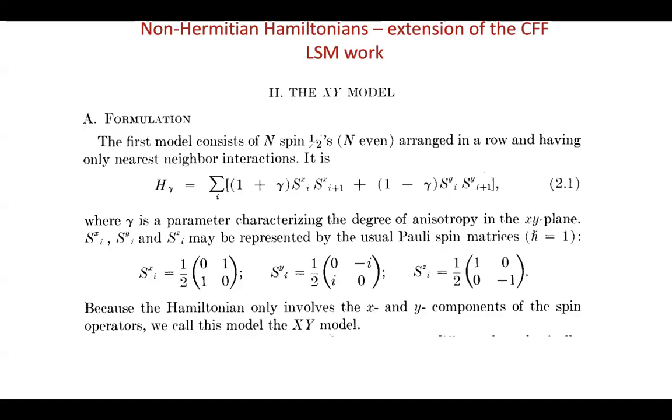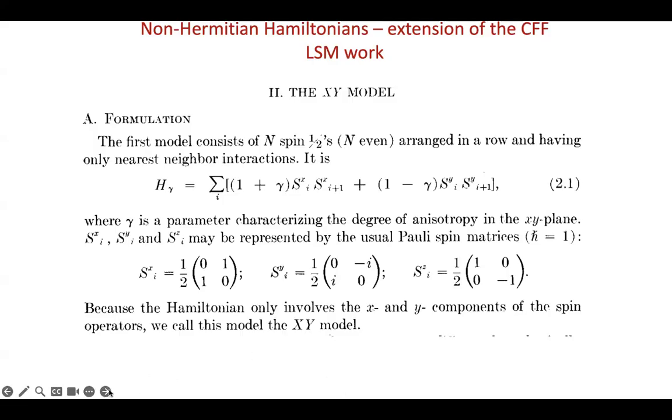So gamma equal to 1 and gamma equal to minus 1 recover the Ising model. Gamma equal to 0 recovers the XY model. So this model is built with two built-in limits that are known, and the middle part they want to solve, and anywhere else. And of course, they brought up the Pauli spin operators here, because that's what they are.